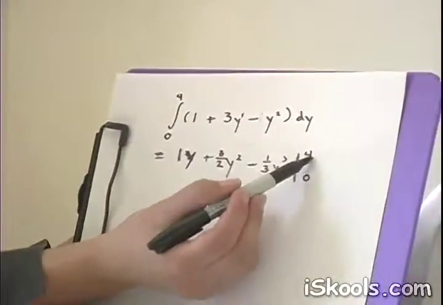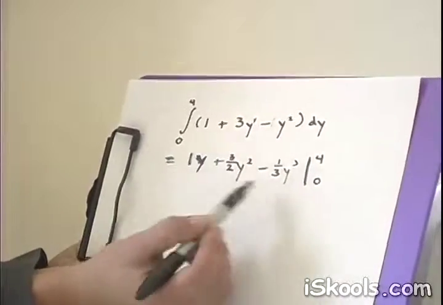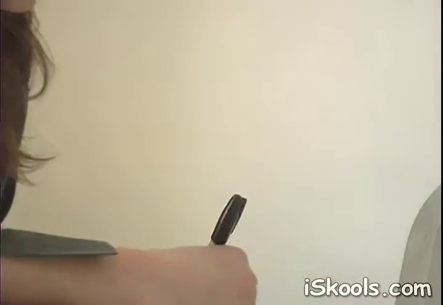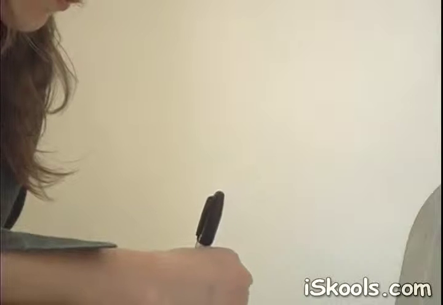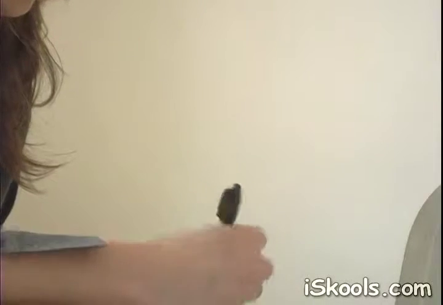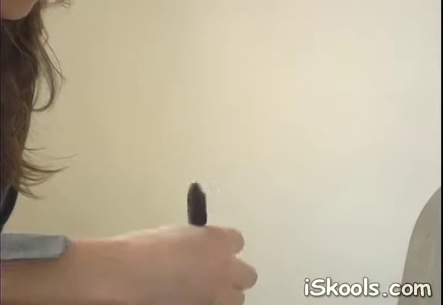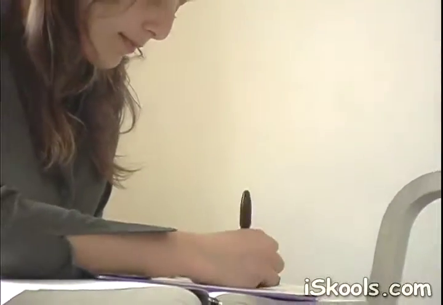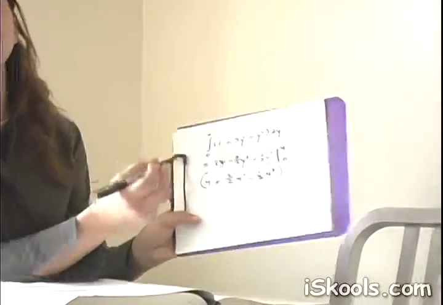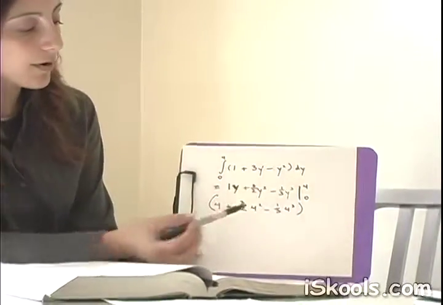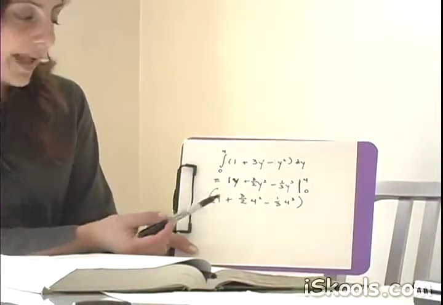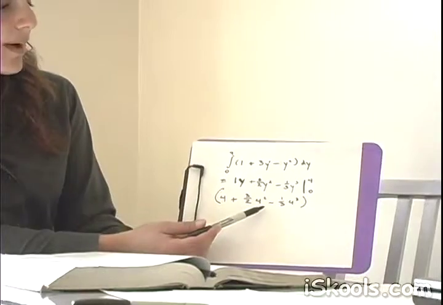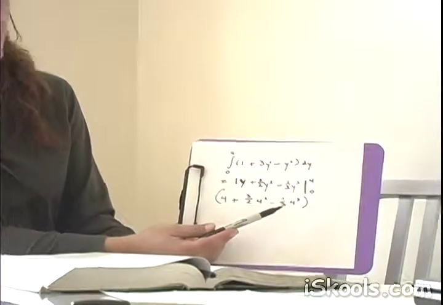Now I plug in 4 into this integral here. This was the first part from plugging in the 4. Now I have 4 plus 3/2, 4 squared, minus 1/3, 4 to the third power.